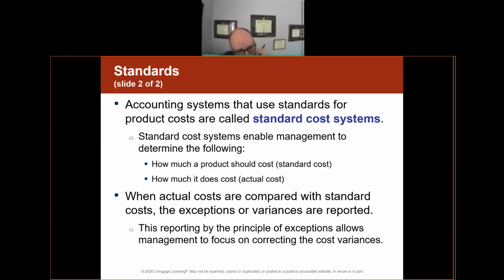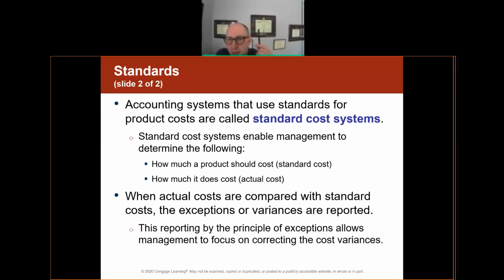So if my labor cost per unit is currently at 5 cents, and based off of renegotiations my labor cost increases to 6 cents, my actual is 6, my standard is 5, my variance is 1 cent. So when you hear the word variance, think the difference. So this allows us to focus on correcting cost variances.